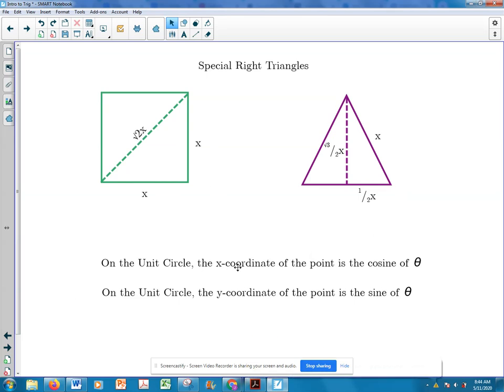On the unit circle, the hypotenuse is 1, so the x coordinate is the same as the cosine of the angle, and the y coordinate of the point on the circle is the sine of the angle. Remember, x comes before y, and c comes before s. So the x goes with the c, and the y goes with the s. You can use a little mnemonic to remember that.